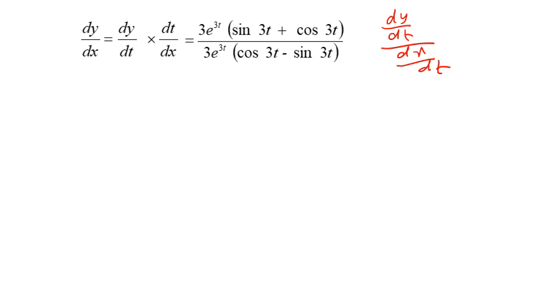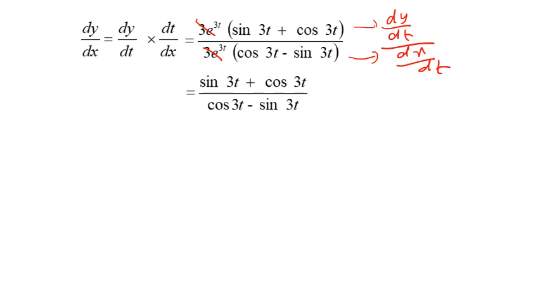Okay, also the same concept. So we can divide. So we got this one, so that's dy dt, and this one is dx dt. So as you can see, this is the same term that we can cancel out. So we got sine 3t plus cos 3t, and cos 3t minus sine 3t.